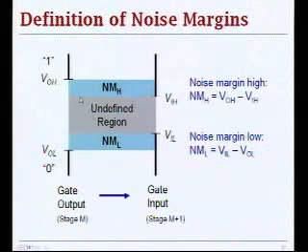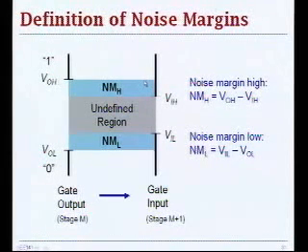Similarly, when you are driving your gate with logic 1 from the previous stage and into the next stage with some additive noise, you would still be able to interpret that signal as a logic 1. This is the minimum voltage level that your input accepts as logic 1. The difference between the two is noise margin high.